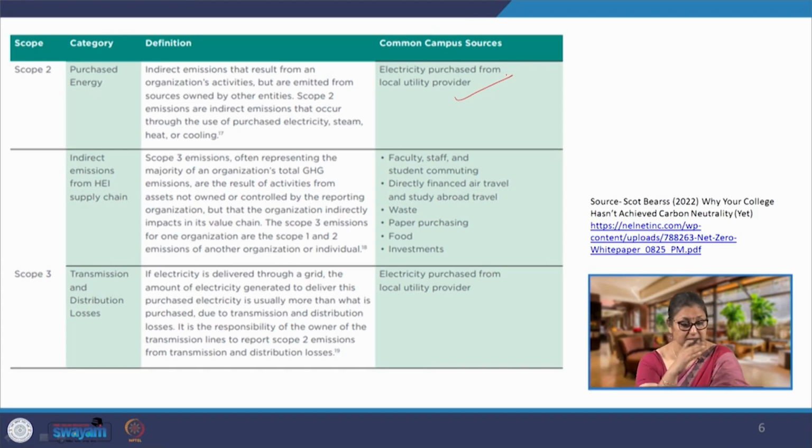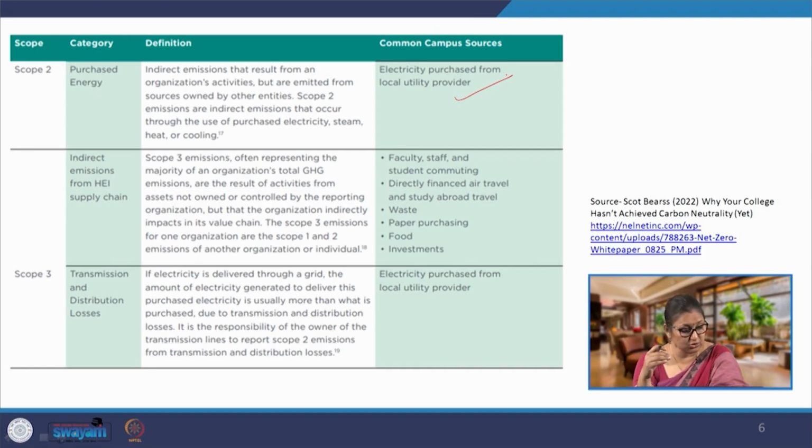So, the processes are going to result in scope 1 emissions, but otherwise most of the emissions are coming from the consumption of electricity that is primarily going into maintaining a comfortable environment in university buildings.